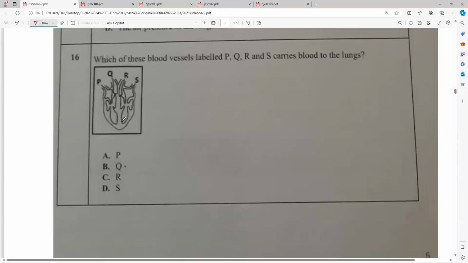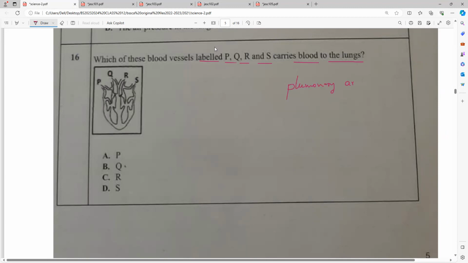Next, which of these blood vessels labeled P, Q, R, S carries blood to the lungs? Blood to the lungs, they are asking. So which of these will carry the blood to the lungs? What is the name of that? Anybody can tell? Pulmonary what?